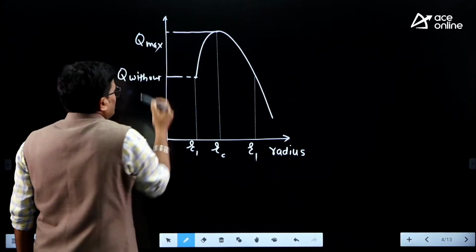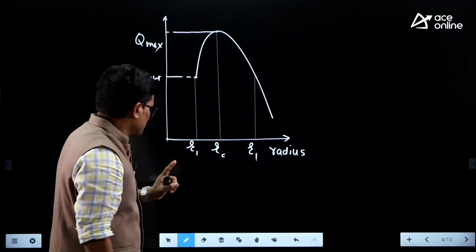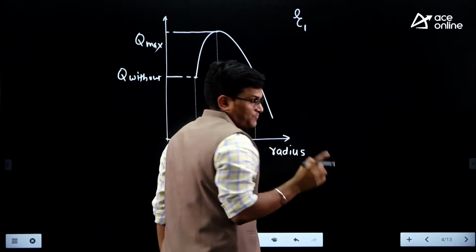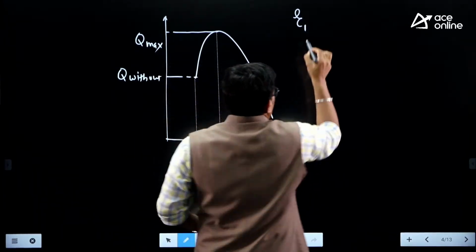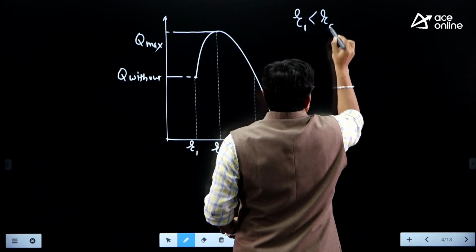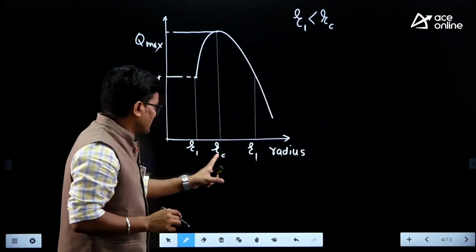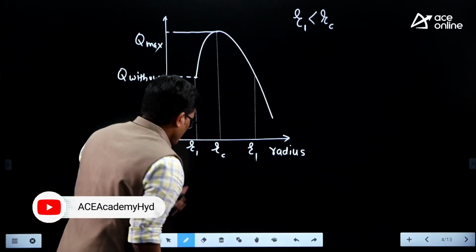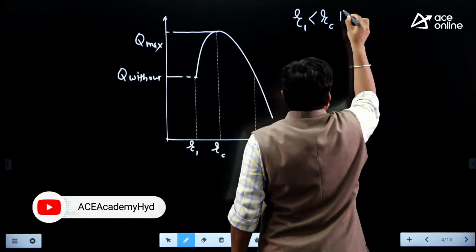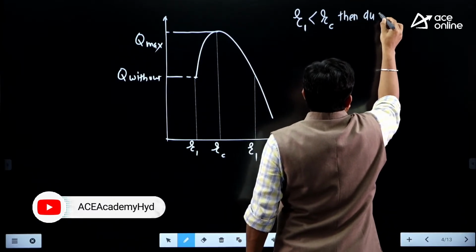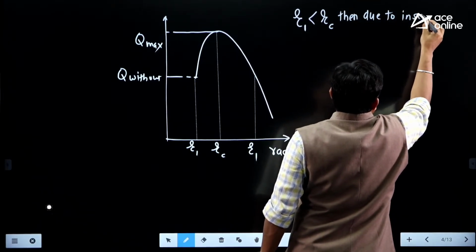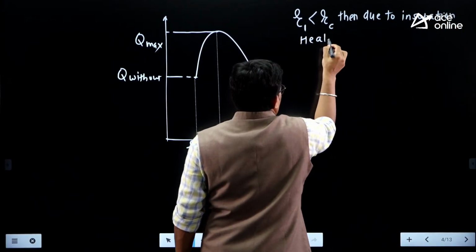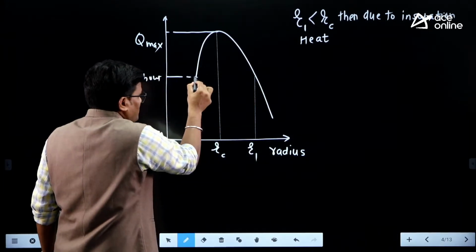Always remember, if the manufacturing radius is less than the critical radius, suppose you manufacture less than RC, then due to insulation, imagine you are starting from here.